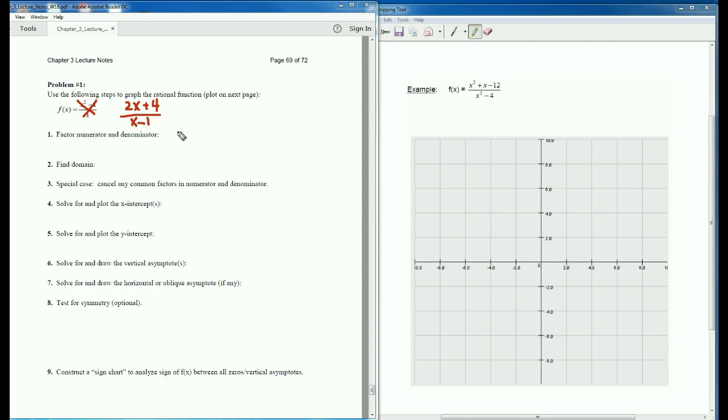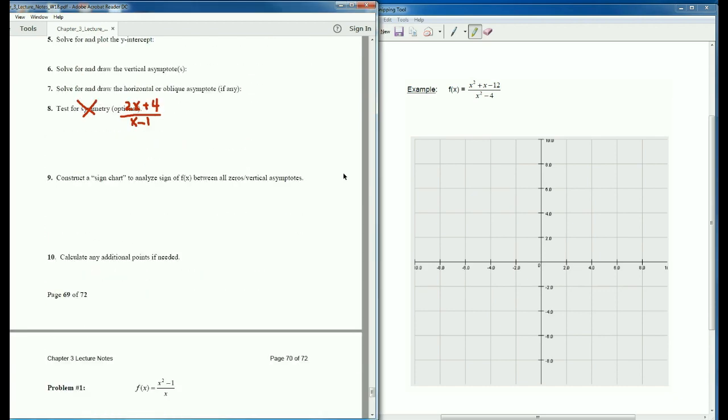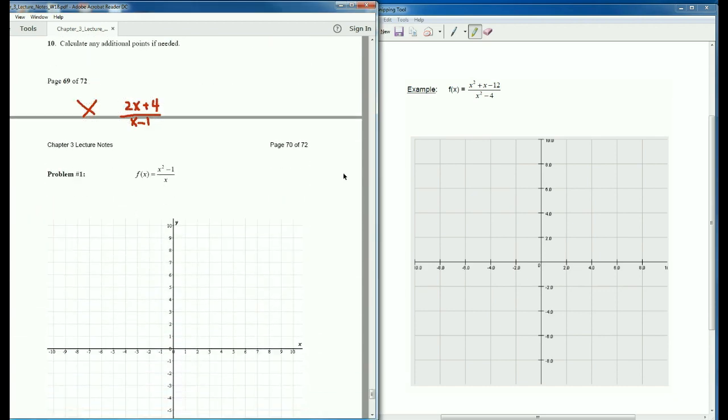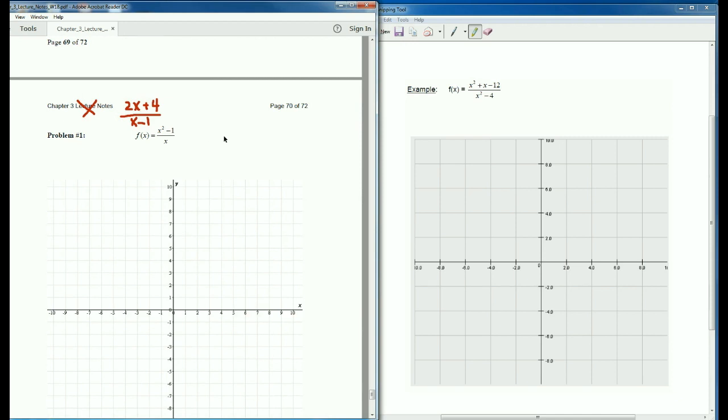Again, just jot that down. Go ahead and replace the problem with that. Make sure you make that same replacement on the next page. So again, just cross this one off, do this one instead, 2x plus 4 over x minus 1.